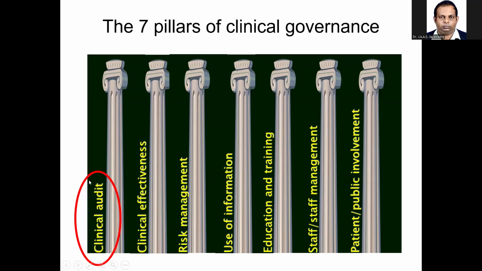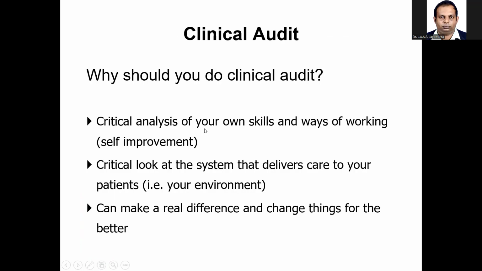So clinical audit is one of the 7 pillars of clinical governance. You should have an idea about clinical governance when you are doing postgraduates. Keep this as an initial learning point about clinical governance, and under that we will go ahead with the clinical audit. This is not usually applicable at the undergraduate level, but when you become postgraduates and so on, it will be helpful.